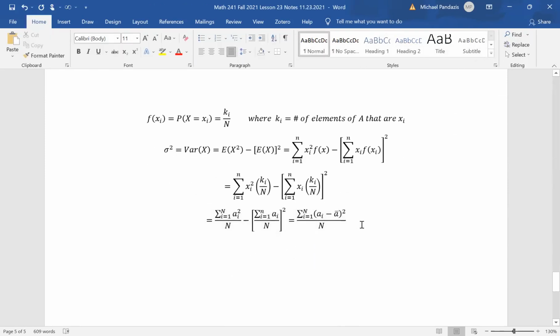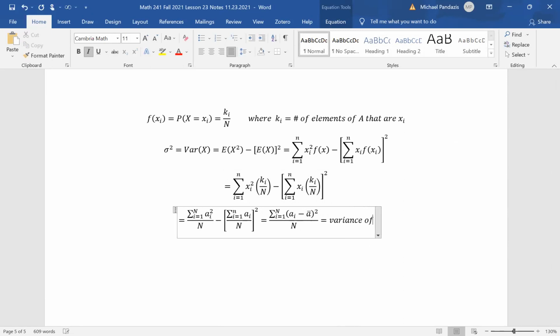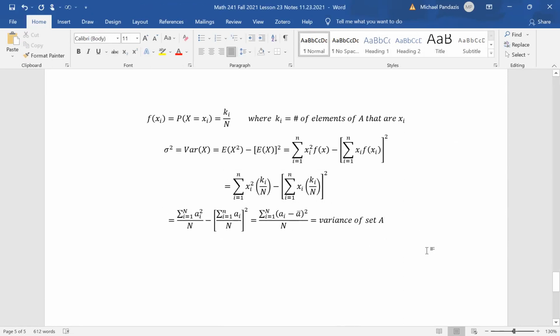Okay, good. And so you get the same value. And this is equal to the variance of the set capital A.